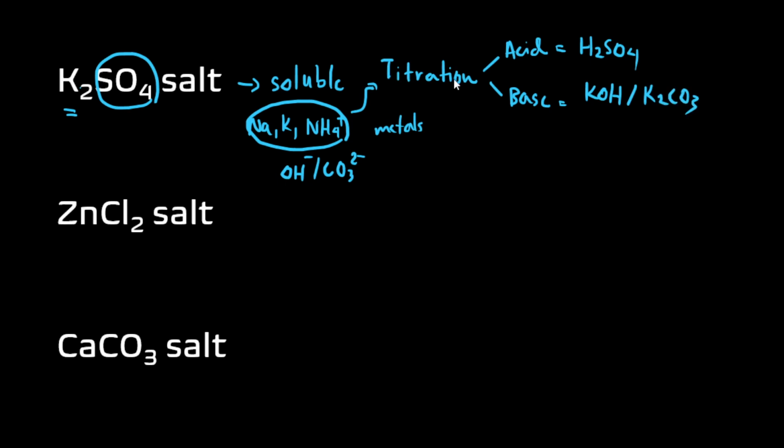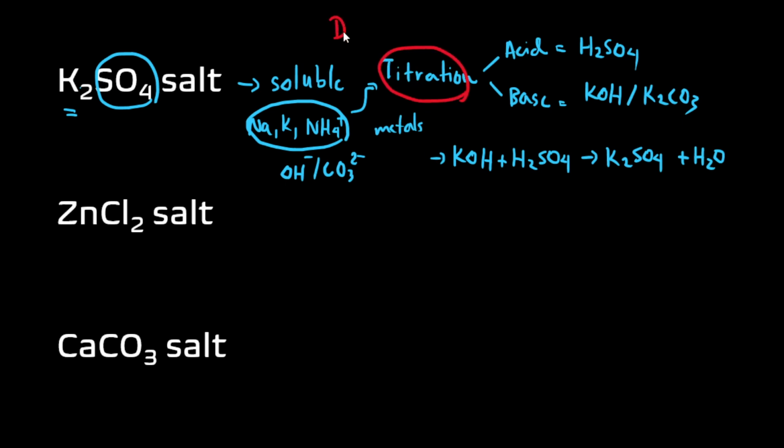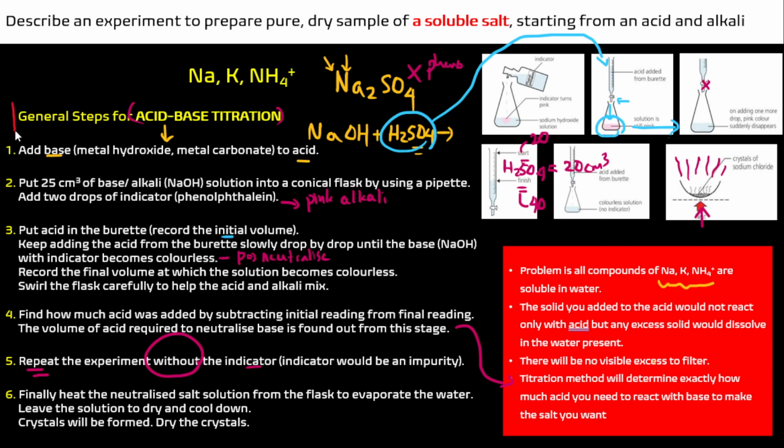Okay, and if I write down the equation for this, it would be potassium hydroxide plus sulfuric acid would give you potassium sulfate plus water. This is the equation that we are going to look for. And in the exam, if the word describe the experiment comes up, you need to be able to describe it in this way.